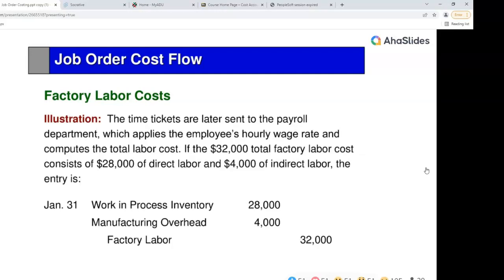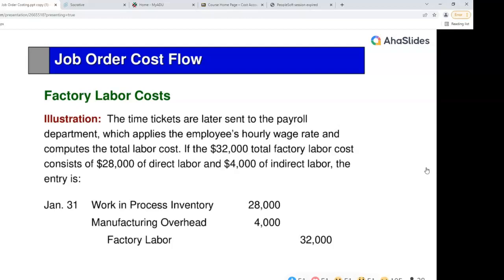But 4,000 of it was indirect labor: the forklift guy, the guy who sweeps the floor, the supervisor's salary, or what have you. Just other people on the floor who don't work directly on the product.